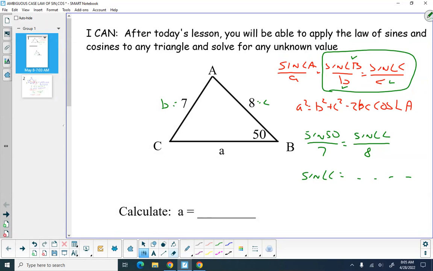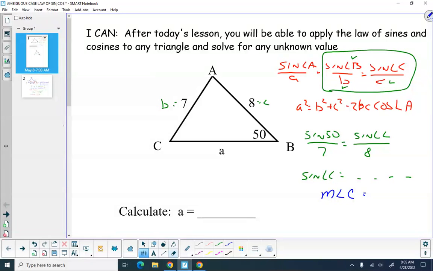So I can take the inverse sine of my decimal, and that will give me the measure of angle C. Once again, KYC, know your calculator.